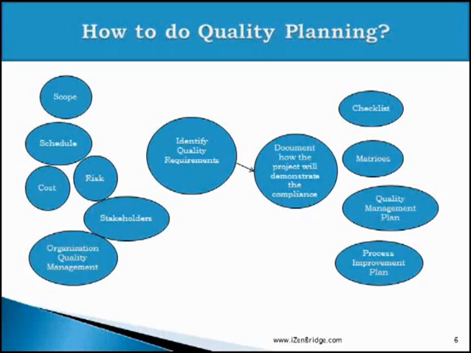So first we identify the quality requirements, we analyze which are applicable for this particular project, then we identify how this project will comply with these requirements, and this understanding we document in various formats. In a quality management plan, we identify metrics and checklists which are applicable for the project.